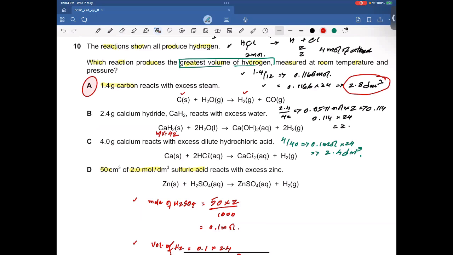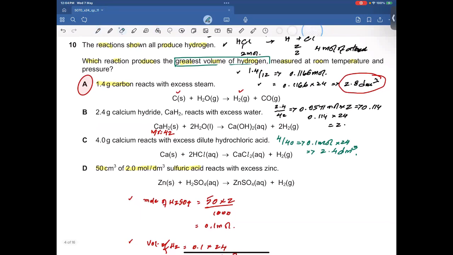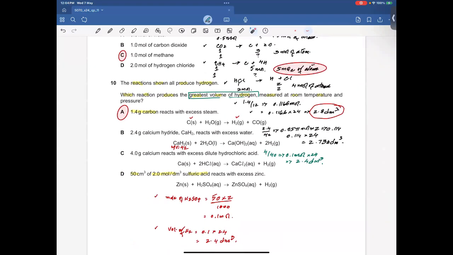So अगर मैं 0.114 को multiply कर दूं 24 से, so it's going to be 2.736 dm cube. Okay. So right answer is A. You guys have to be very, very careful while taking the values, okay? While using the values. Anyhow, let's move on to the next question.